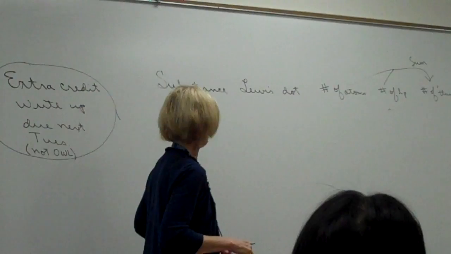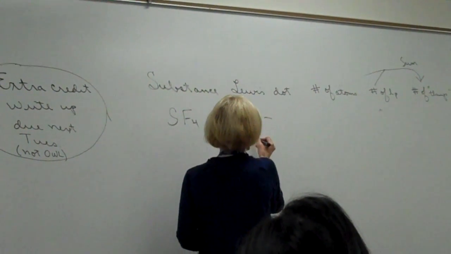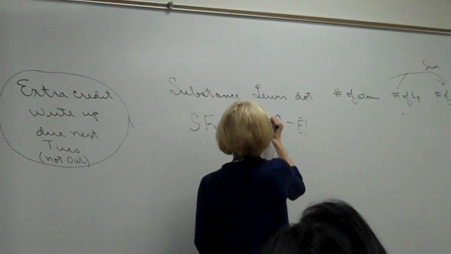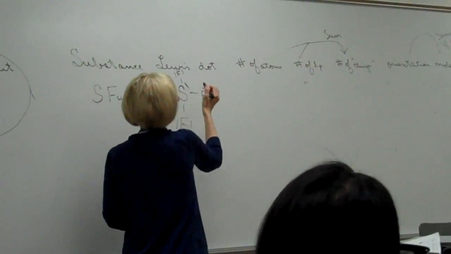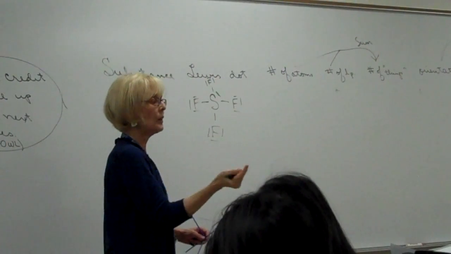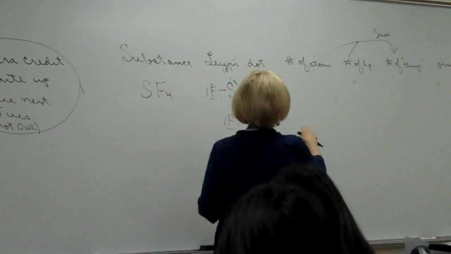Sulfur tetrafluoride. We did the Lewis dot in chapter 7, and we had a leftover pair for the first time. We know the central atom always gets a leftover. Now let's fire through here.